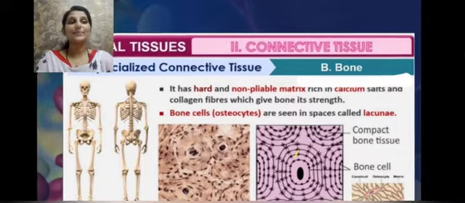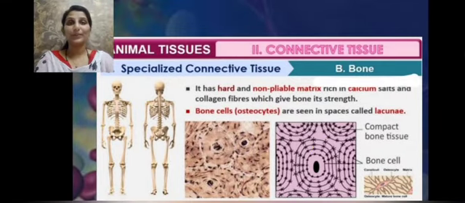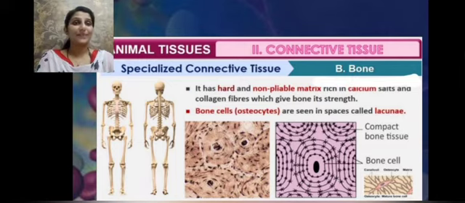The second type of specialized connective tissue is bone. In contrast to the matrix present in cartilage, the matrix in the case of bone is non-pliable and hard. Why? Because it is rich in calcium salts and collagen fibers, and these collagen fibers give it strength.